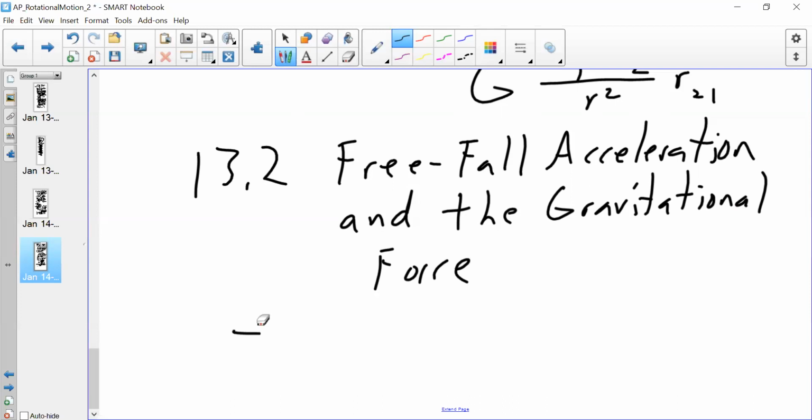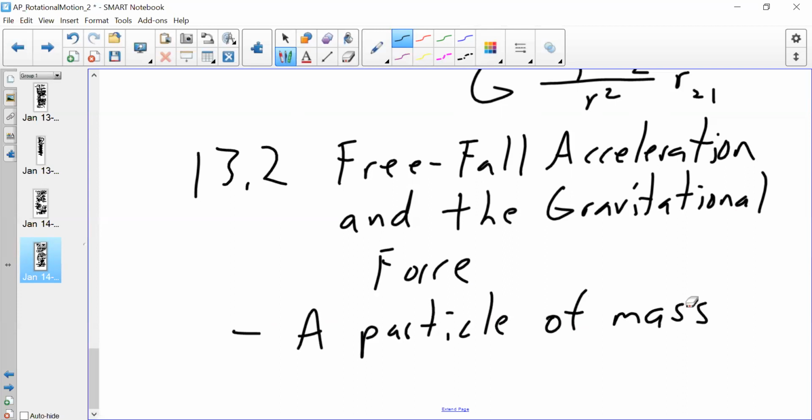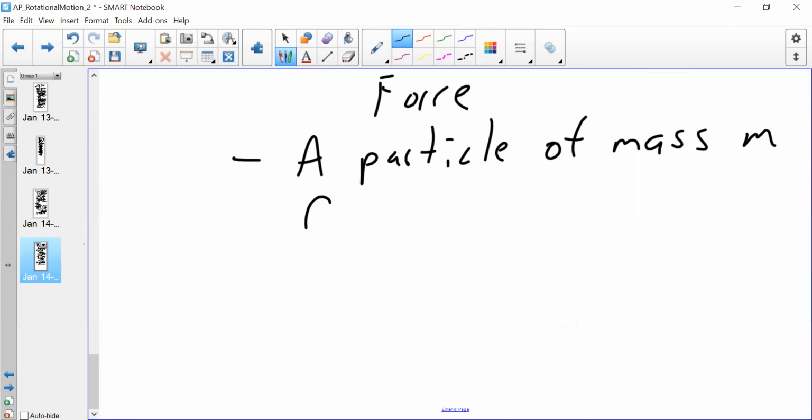So what do we have? We're on the Earth for right now. SpaceX gets launched out there somewhere. A particle of mass m falling towards Earth.